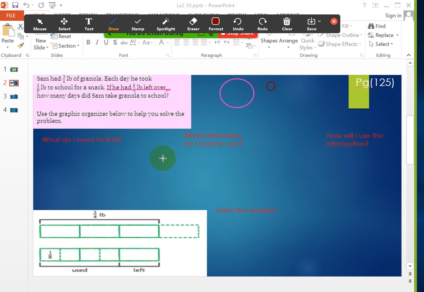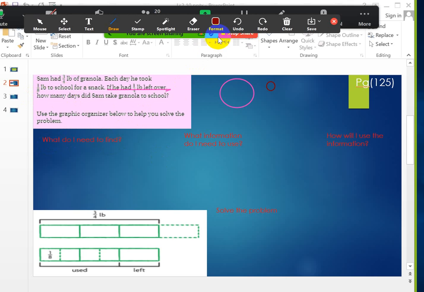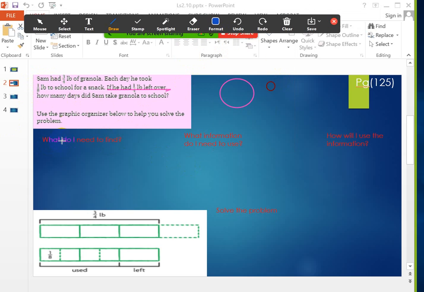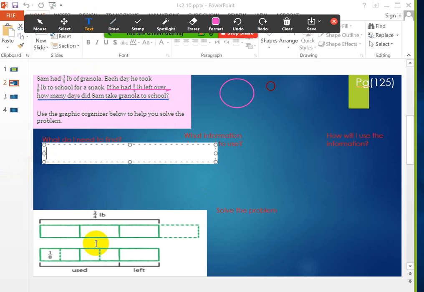Okay? So, girls, what do I need to find is the question in the problem. What is the question? You have to look for the question from the question mark. That means how many days did Sam take granola to school? This is what I need to find. So you have to write this here.